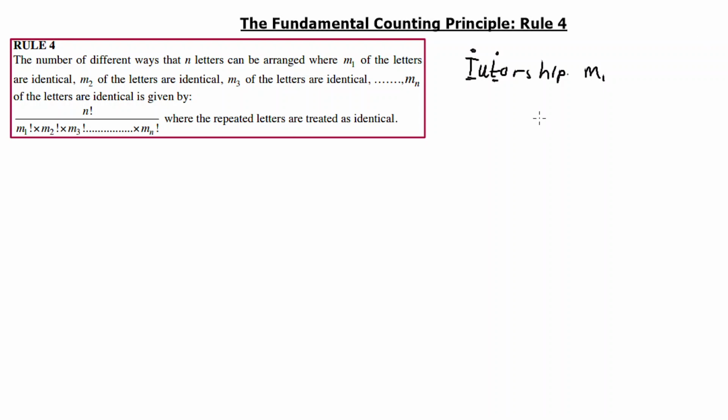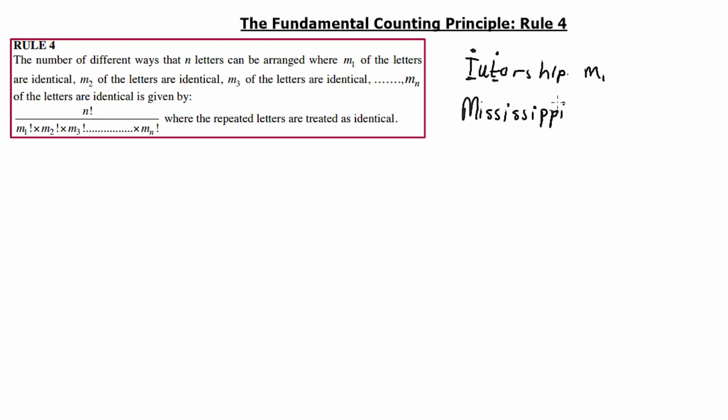Sometimes you find words with more than one repeated letter, like Mississippi. Okay, let's just hope that I get the spelling right. I think it's double P. Yeah, it's double P. Mississippi.